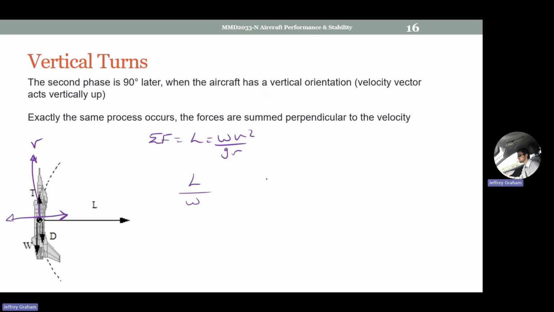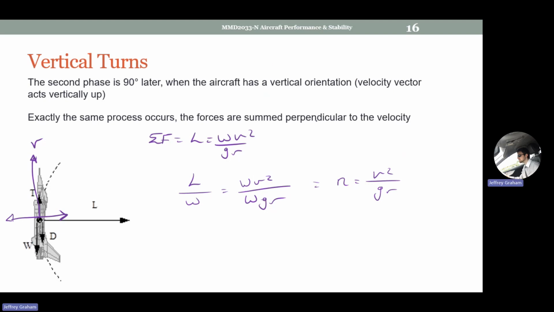Divide through by the weight as we did in the last step. So lift divided by weight is the centripetal equation divided by the weight. Lift divided by weight was the definition of the load factor. Weights cancel out. There's equation number 1.